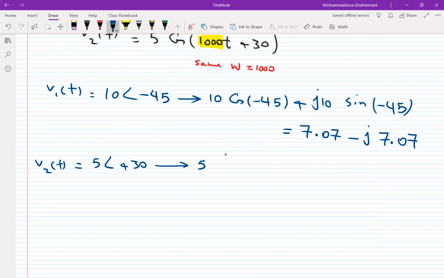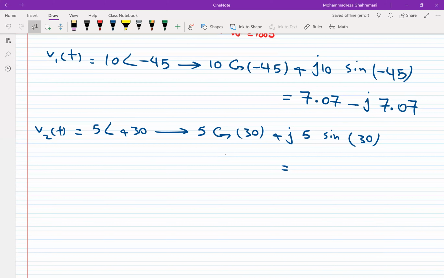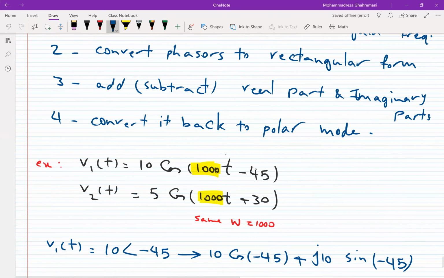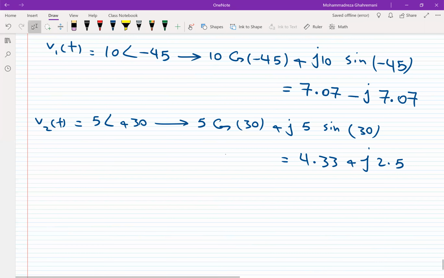It's 5 cosine of 30 plus j 5 sine of 30, which is equal to 4.33 plus j 2.5. So this was step 2, where we converted them to rectangular.